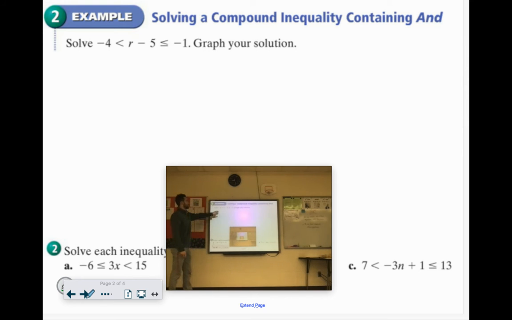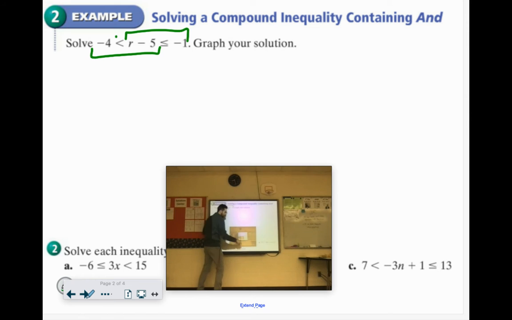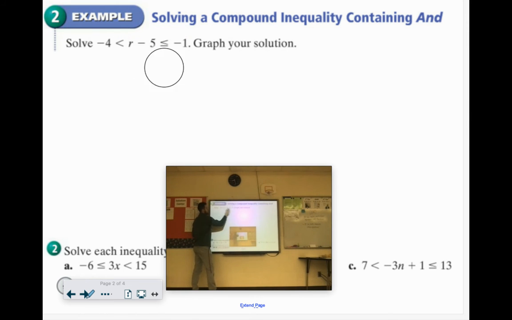Now this is written as an "and" problem because the inequalities are going the same direction and your variable's in the middle. You can solve this as two different inequalities if you want, but you can really just solve them all at the same time. If you just had r minus 5 is less than or equal to negative 1, you would add 5 to both sides. We're just going to add it to all three parts here.